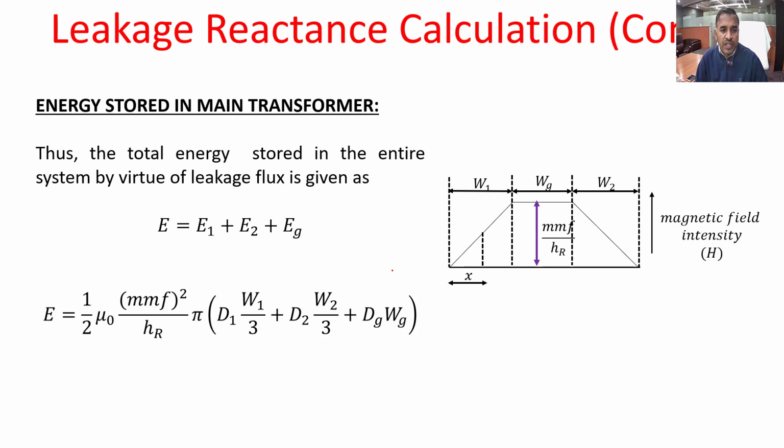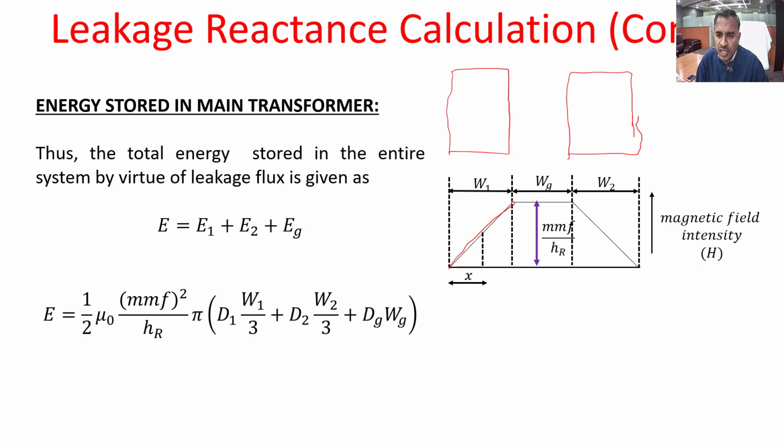For that we need the energy stored in the transformer. Since we have two transformers in the Scott connection, you may consider one transformer here, and consider that the windings are of equal height, and there is an air gap like this. So if primary and secondary are of equal height and the total primary ampere turns are again the same, the MMF is the same, and the MMF wave will be trapezoidal as shown here.